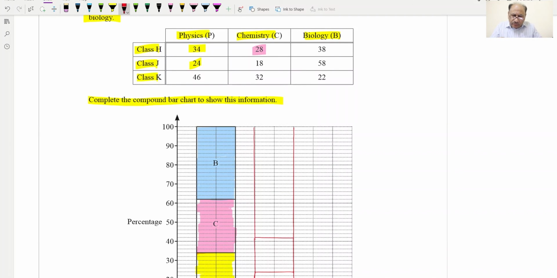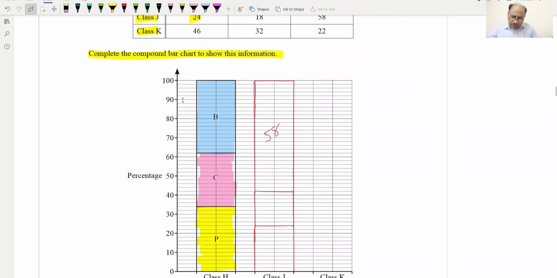We can draw directly up to this one, which is our 58, and now we can write the numbers: over here 58, this is 18, and this is 24, and this will be the section, and next is this bar.